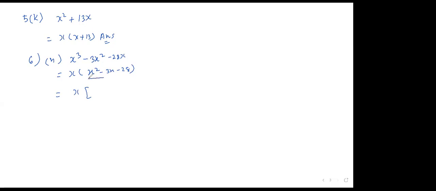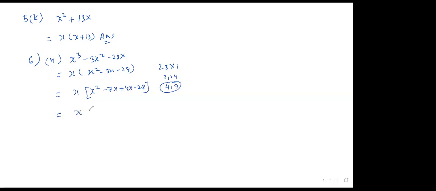Means we can factorize this expression, right? X square minus 3x minus 28. So 28 has factors 2 and 14, 4 and 7, and these two can make negative 3x, isn't it? So we have x square negative 7x positive 4x minus 28.